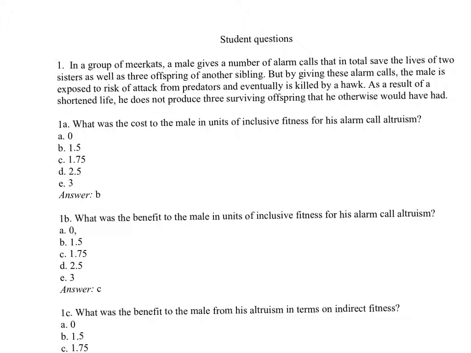Indirect equals 1.75. Okay, so here's what we want to do. We've got 1.75 B is greater than 1.5.